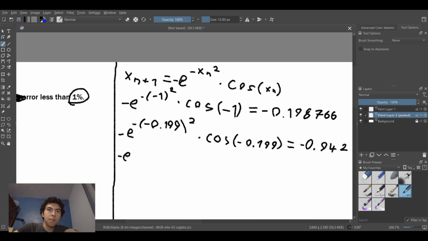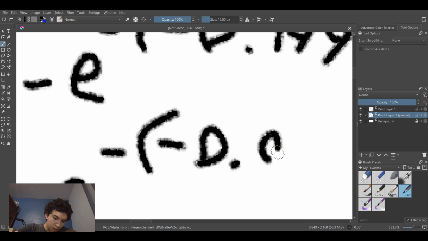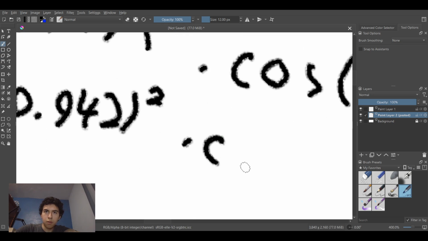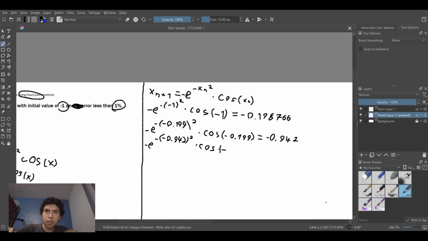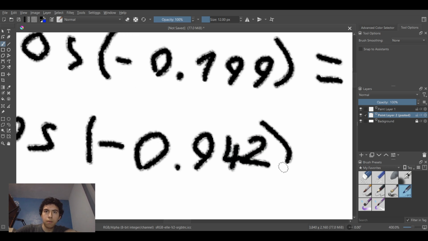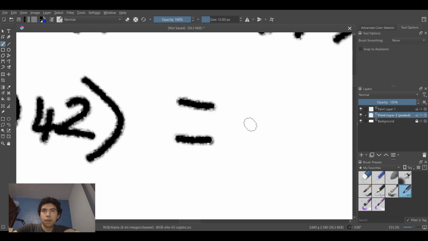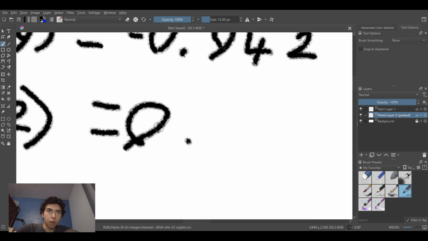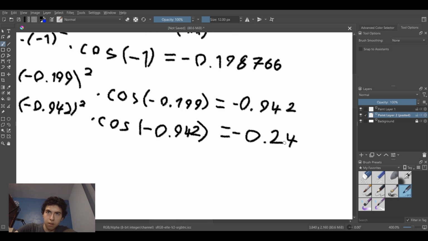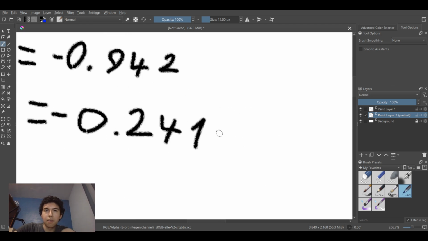Minus e to the minus 0.942 squared times cosine of minus 0.942 equals, no sorry, minus 0.2419242.